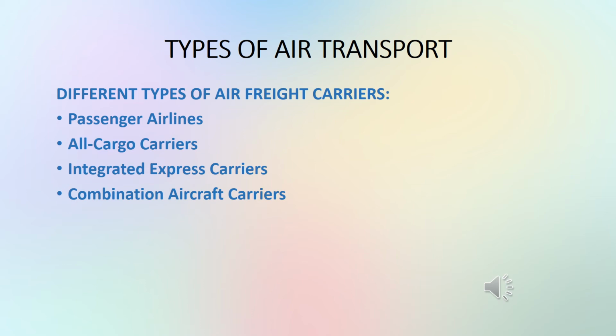These companies, though they exist to move people, will often offer for sale the space in the belly compartment of their airplane, which is typically where the passenger luggage is stored. Passenger airlines have many weight and space limitations for the cargo they will accept, but they can be a convenient option due to the number of frequent flights to destinations.